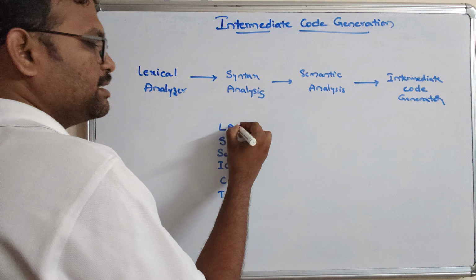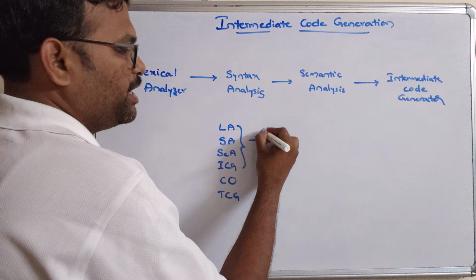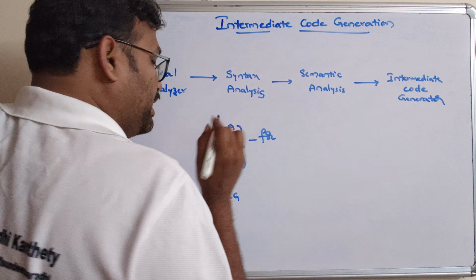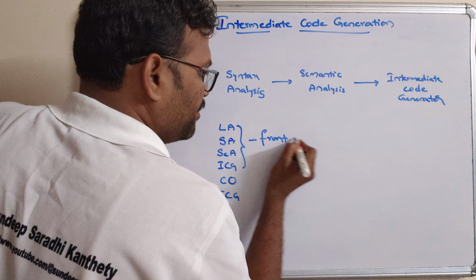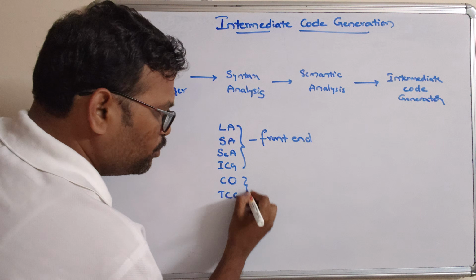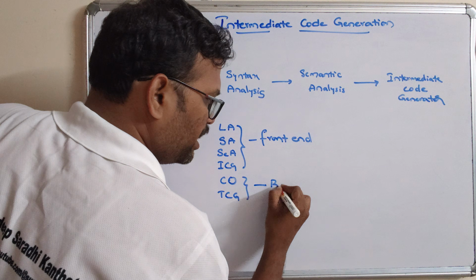The first four phases are considered the front end, and the last two phases are called the back end.